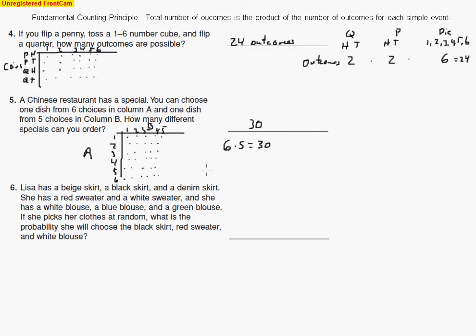Well, we can do the same sort of idea here. We have different types of clothing. Lisa has a beige skirt, a black skirt, and a denim skirt. So we've got the beige, the black, BL for black, and the denim, D for denim. And then we've also got sweaters, in 2 different colors: a red and a white.